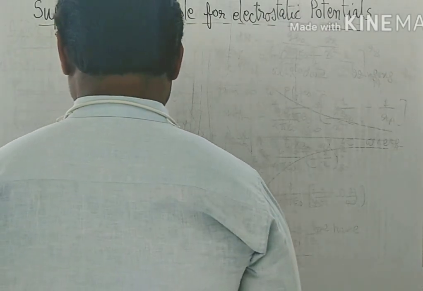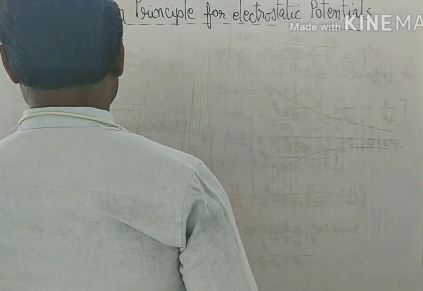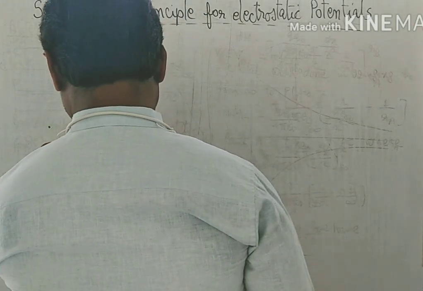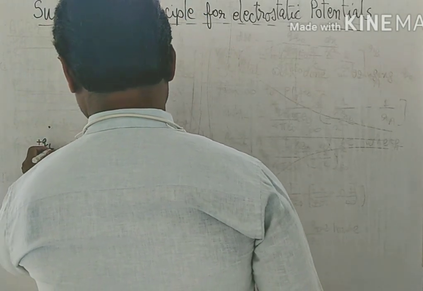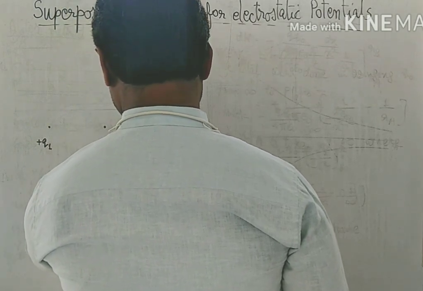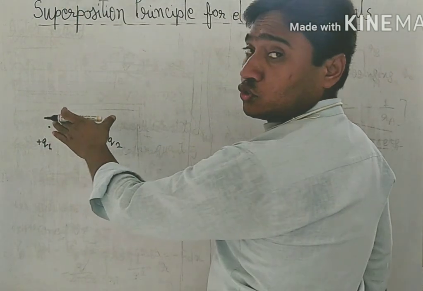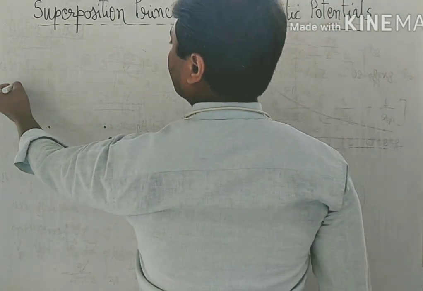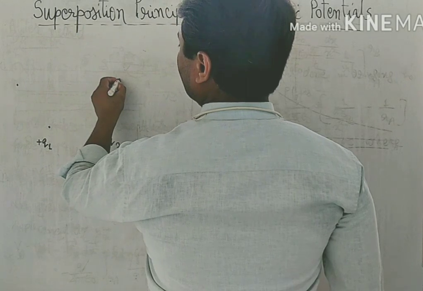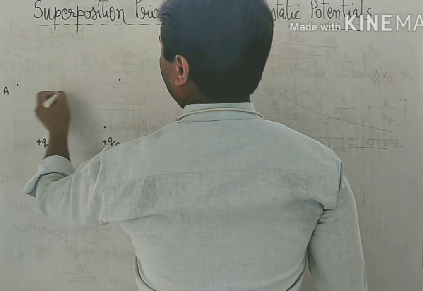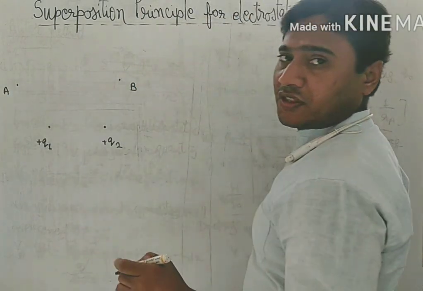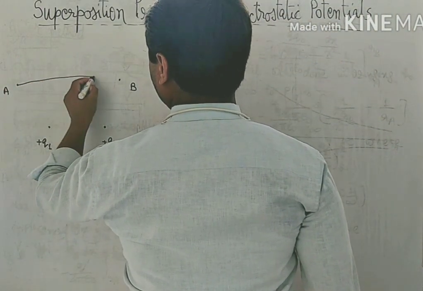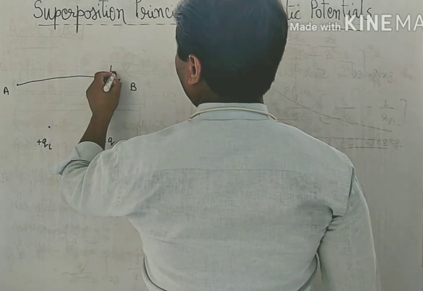So let's begin. Suppose we have two source point charges, positive in nature, Q1 and Q2, and in the mutual combined electrostatic field of these two source charges, let me have two points, point A and point B. Let us choose an arbitrary path L joining these two points.